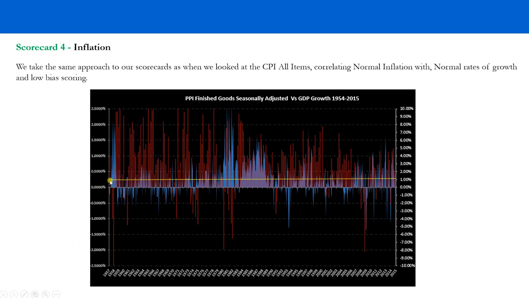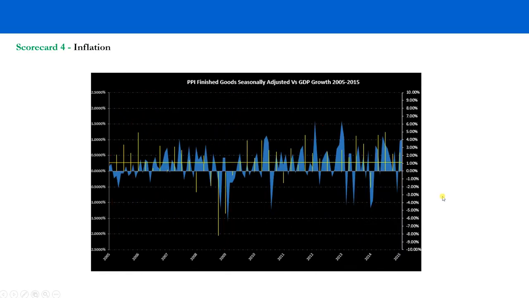And as we pointed out in the spreadsheet earlier, we have our line of best fit, which is the long-term mean average of monthly PPI percentage changes. And all of these percentage changes are associated across the chart with varying levels of real GDP growth.